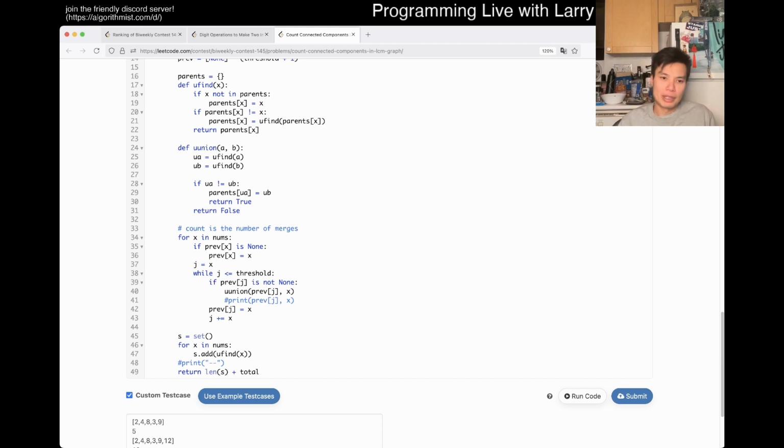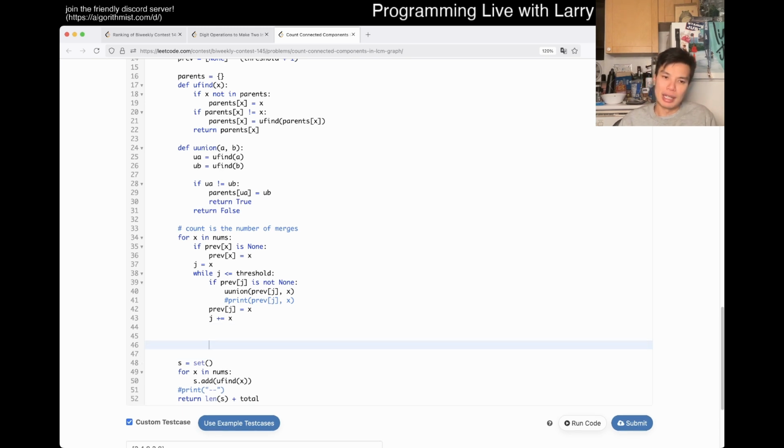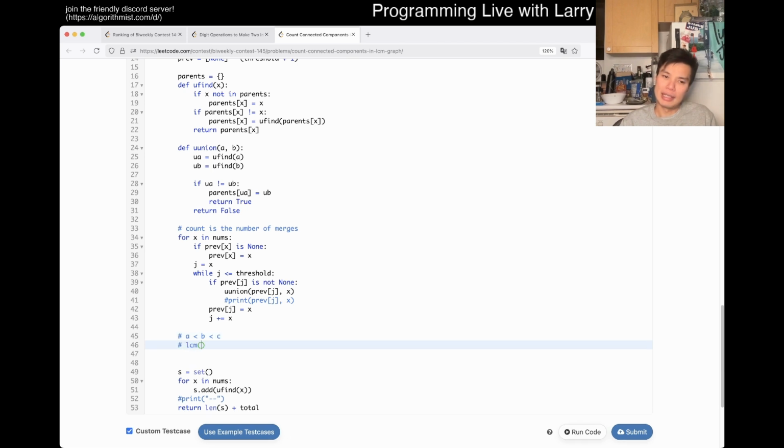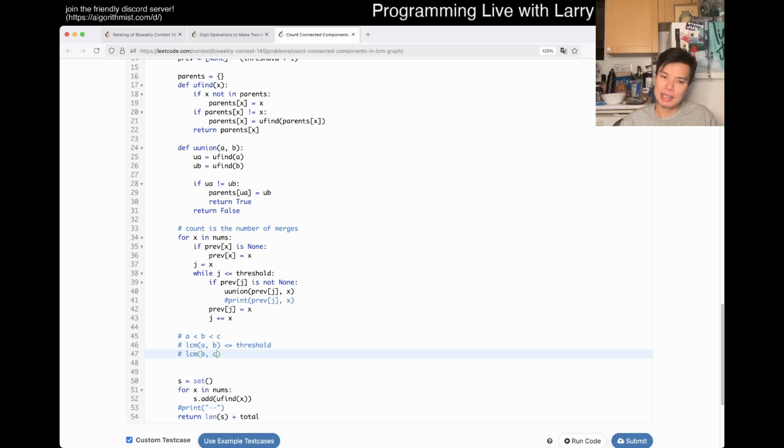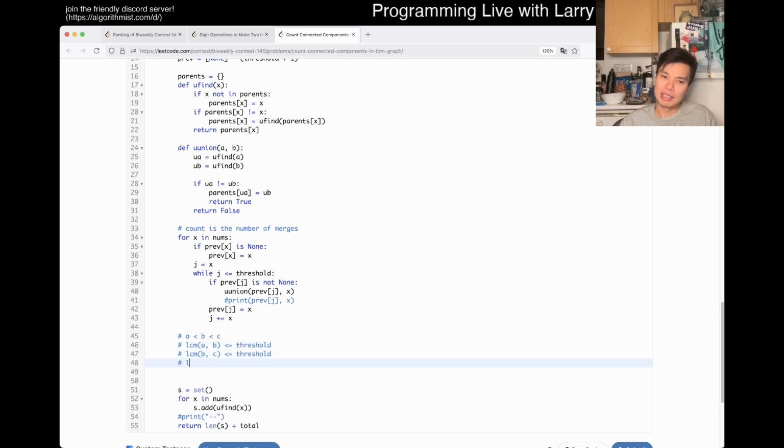So maybe the property that has to be true is that for A less than B less than C, if LCM of AB is less than or equal to the threshold, and LCM of BC is less than the threshold, then by definition LCM of AC is going to be less than or equal to the threshold, right? So in that sense, you don't need B. So it is a transitive property, but not in the naive LCM sense, I think.